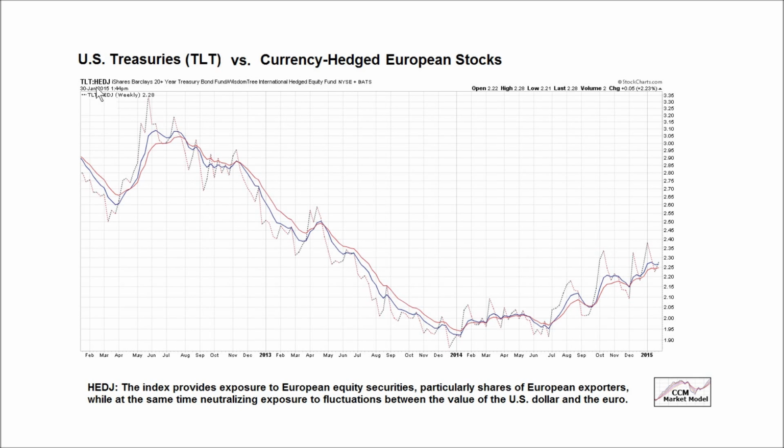Now we're looking at HEDJ relative to U.S. Treasuries, and you can see that the risk off or more conservative TLT is still the winner versus HEDJ. And the purpose of showing this is, regardless of what the stock market does and what levels hold or don't hold, we still have a whole other part of the market model, the ETF scoring system, that helps us with opportunity cost decisions.